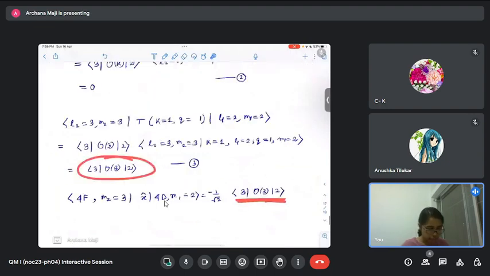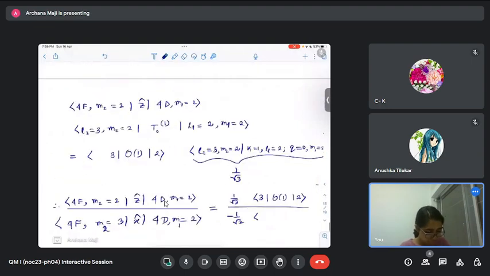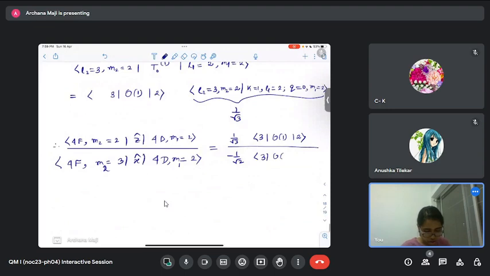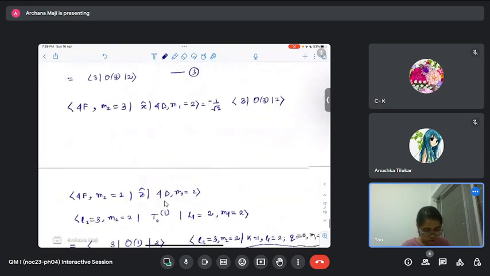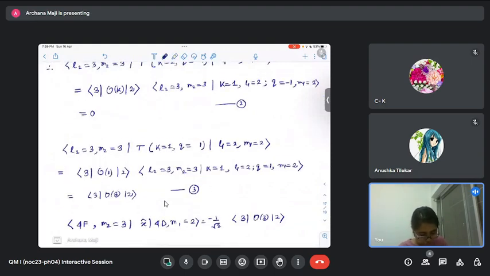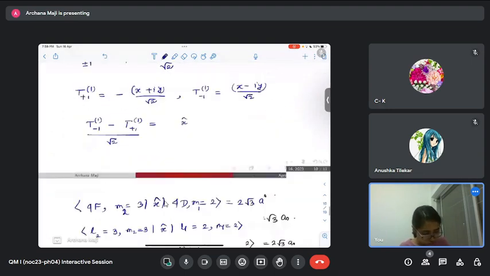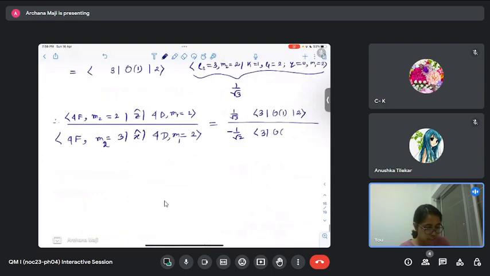So I am using that. So minus 1 over square root 2, 3. Sorry, everywhere it should be function of k, that is 1. Okay, fine. So this gets cancelled and we are left with minus square root 2 by 3.